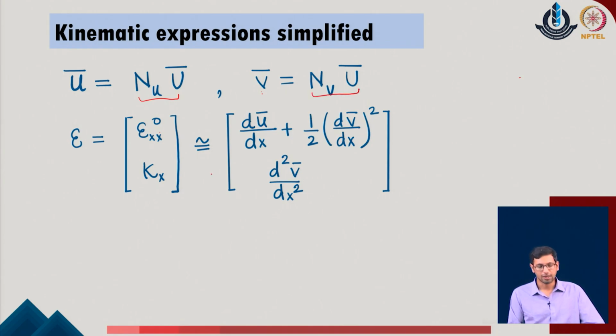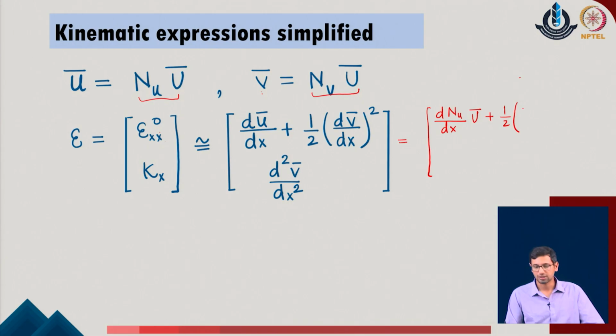Now, using this idea, I can substitute the values in this part. As I substitute the values, I will realize that the first parameter du bar by dx can be written as d of n u by dx into u bar, plus the second parameter which is half of dv by dx whole square.